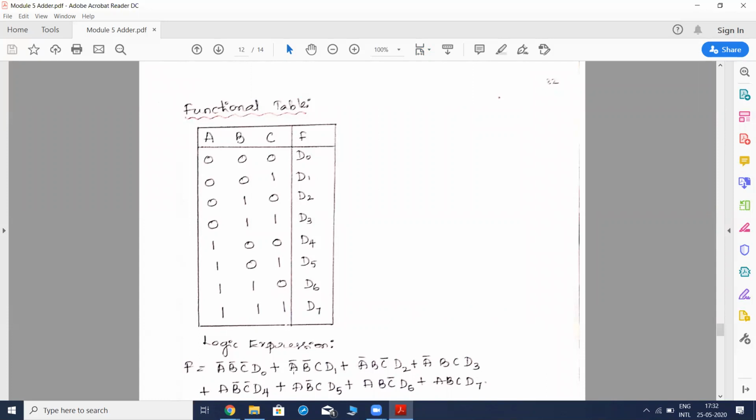So 0, 0 means A complement, B complement, and C because C is 1 over here, and we'll get D1 plus. One more I will show. It is 0, 1, 0. In order to write 0, 1, 0, it is A complement, B, C complement into D2. In this manner, we are going to write the logic expression by looking at the functional table.